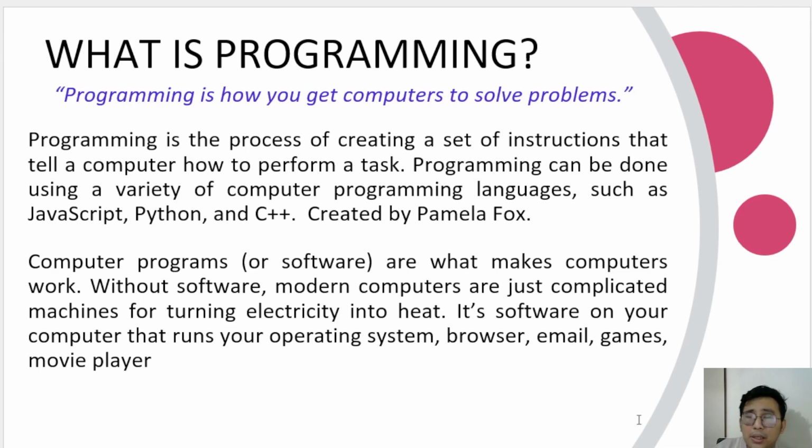Programming is the process of creating a set of instructions that also tell and even teach the computer how to perform a task. At the advanced level, we can teach the computer, and that's called AI technology, short for artificial intelligence.